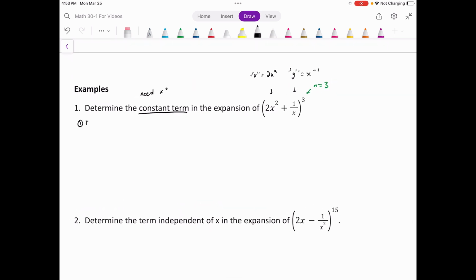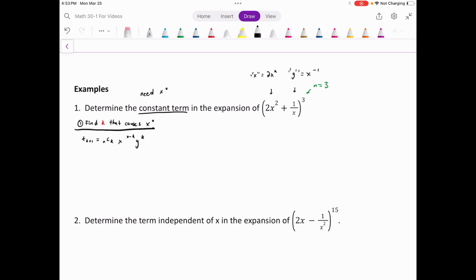We need to find the k that causes x to the power of 0 overall, right? So our binomial theorem is this: t sub k plus 1 equals n choose k times our x to the n minus k times our y to the k.